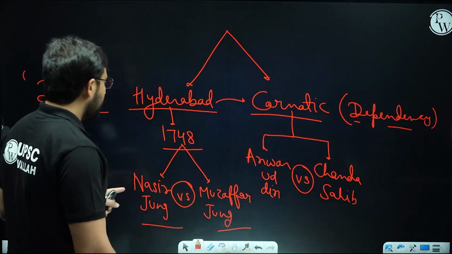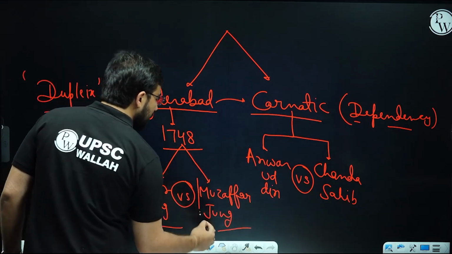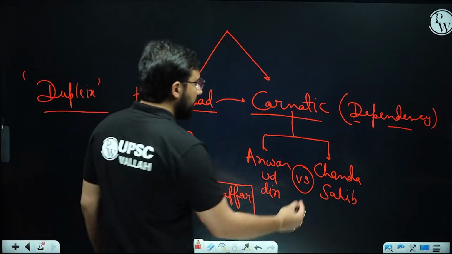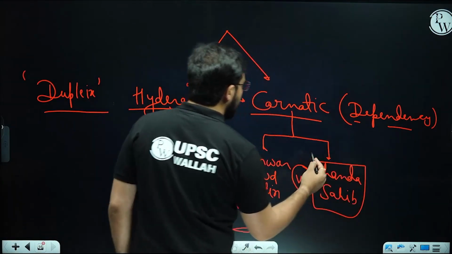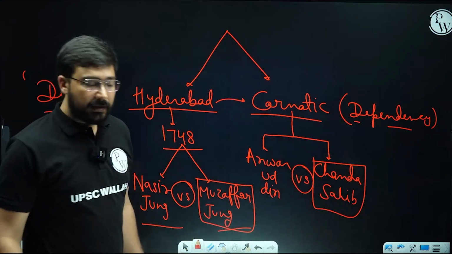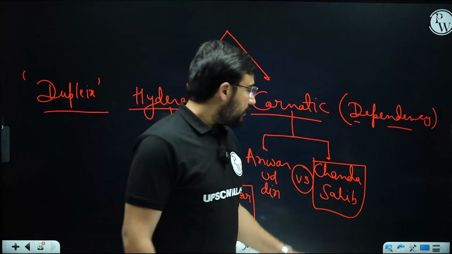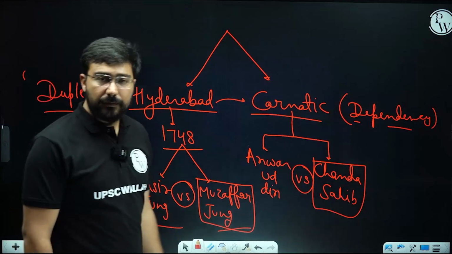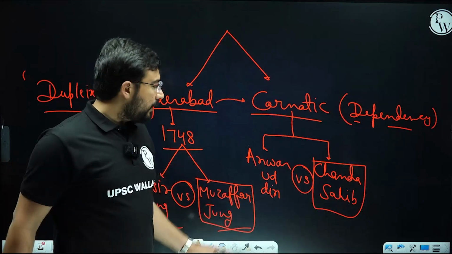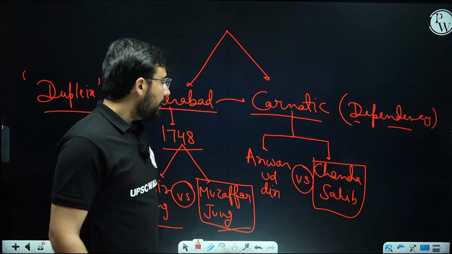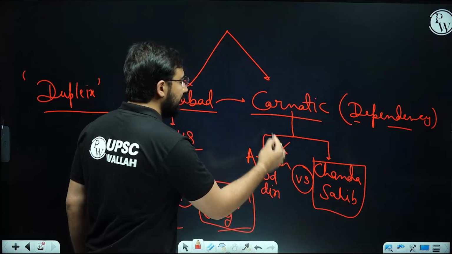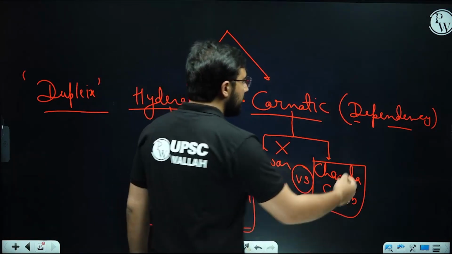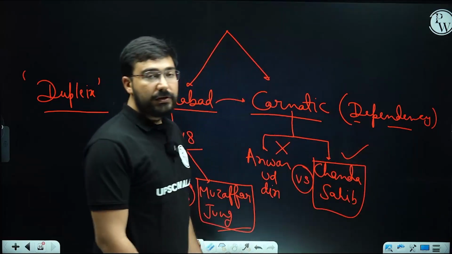Dupleix favored the dark horses, Muzaffar Jang in the case of Hyderabad and Chanda Sahib in the case of Carnatic. They created an alliance of Chanda Sahib, Muzaffar Jang and Dupleix himself. These three met Anwaruddin in the battlefield and Anwaruddin was killed.